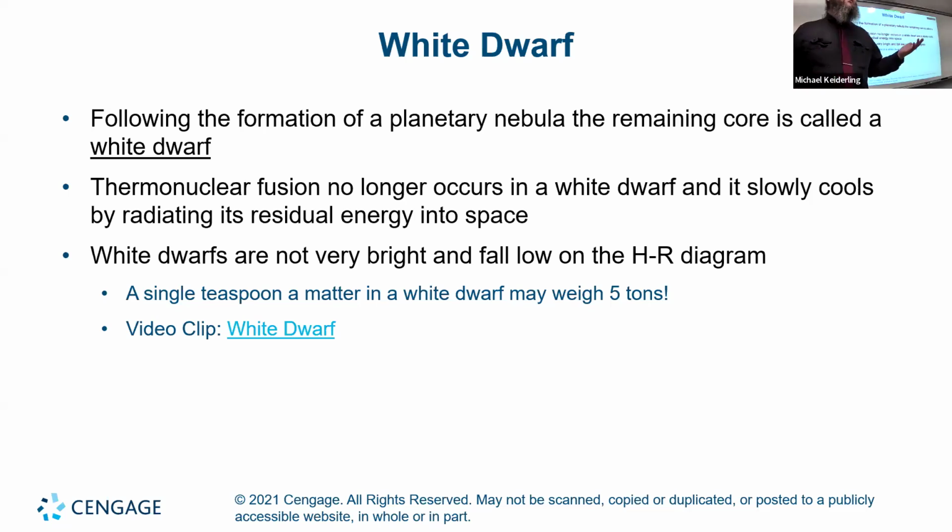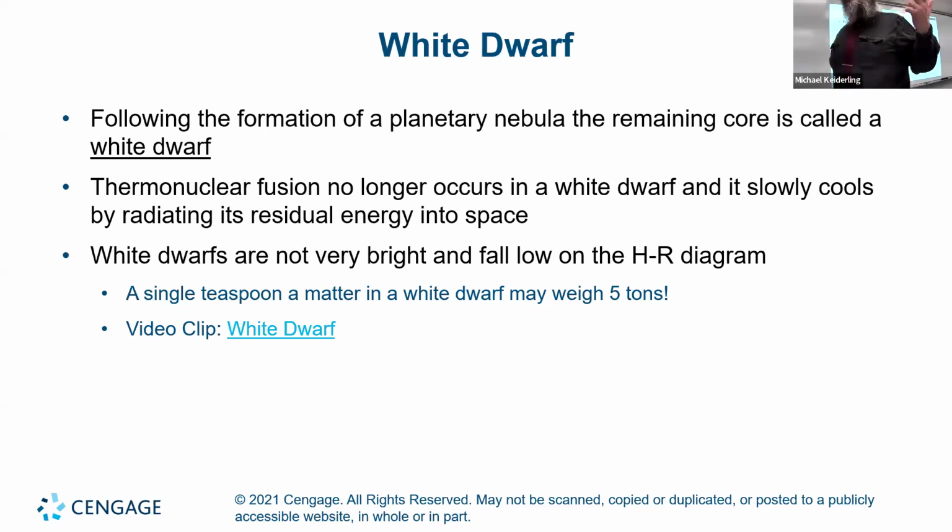But they're incredibly dense. So what happens is that the matter in them compresses until it is held up by the quantum mechanical effect called degeneracy pressure, which is basically when you have electrons, two electrons can't be doing the same thing in the same place. And that creates a pressure that holds up the size of the white dwarf.